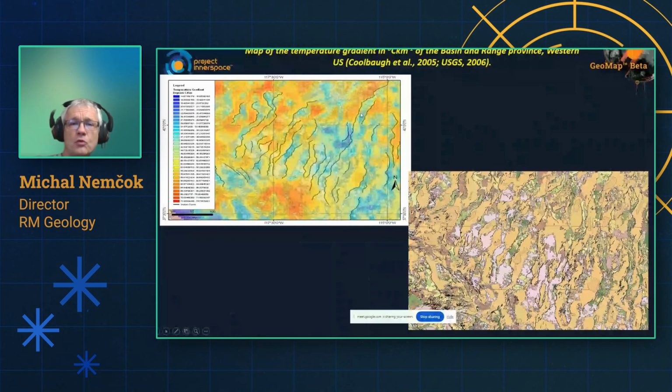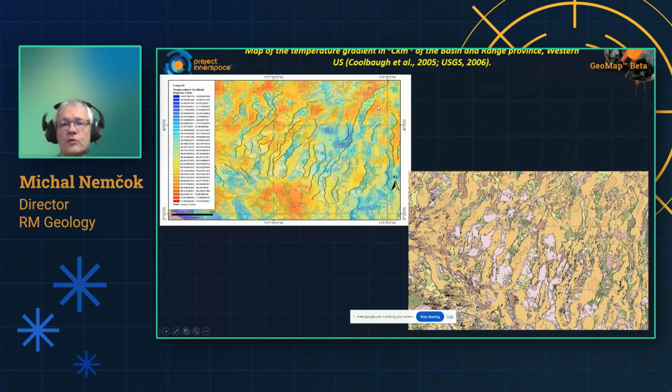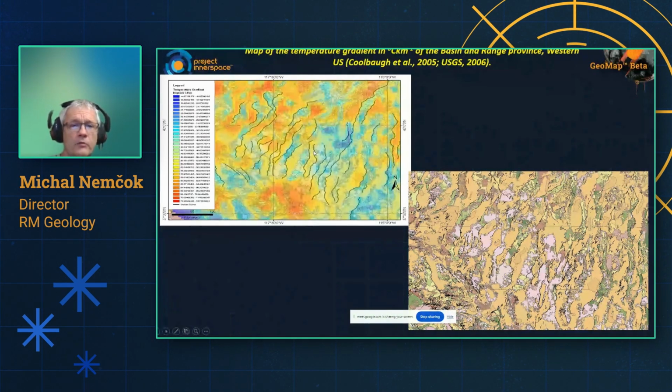Then we see two adjacent half-grabens, and thanks to them containing discharge regions, we can see that they're a little bit warmer. Or we can look at this one. This is another normal fault or system of normal faults, and here we can see a footwall edge.